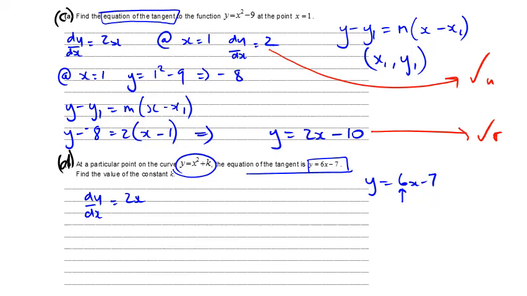What does the 6 stand for? That's the gradient. But isn't dy by dx the gradient too? So therefore 2x equals 6. Alright? So therefore x is 3. Any questions with that one so far?